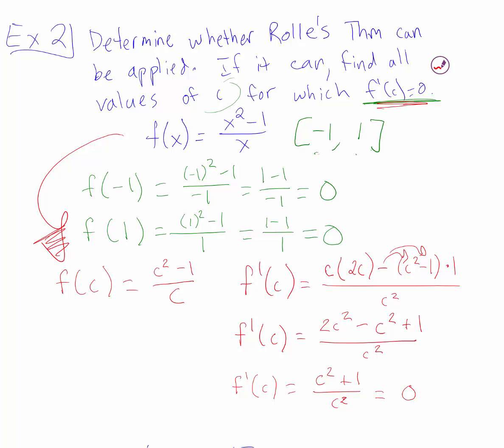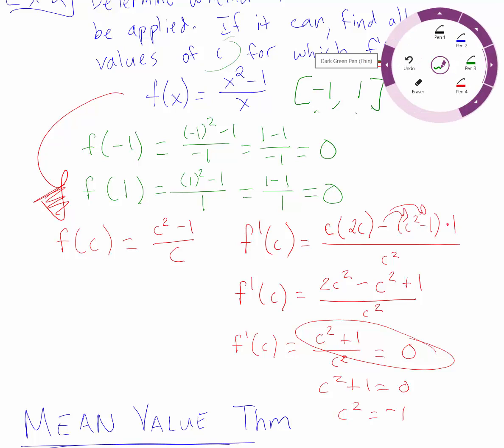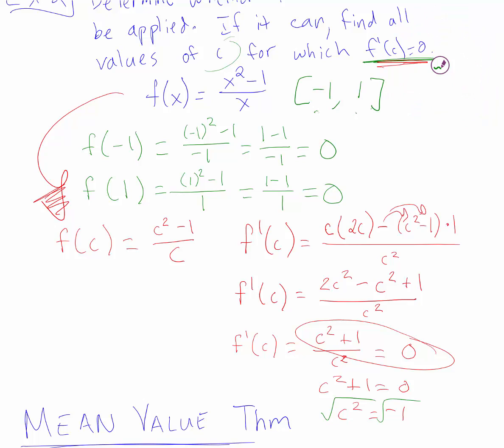We're setting the derivative equal to 0. And then we'll do the top, c squared plus 1 equals 0. c squared equals -1. If you take the square root of both sides, we'll notice that this does not exist.